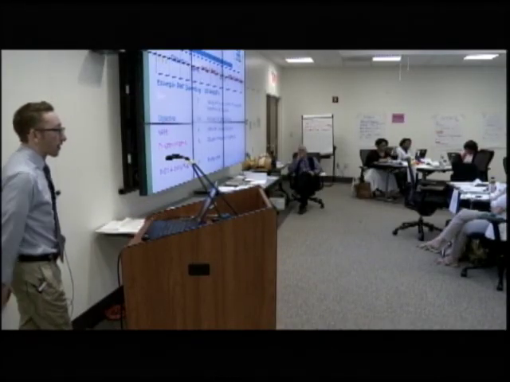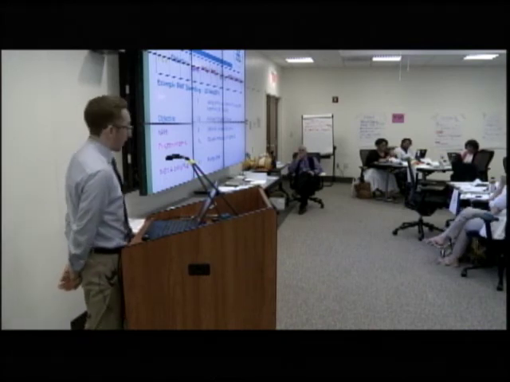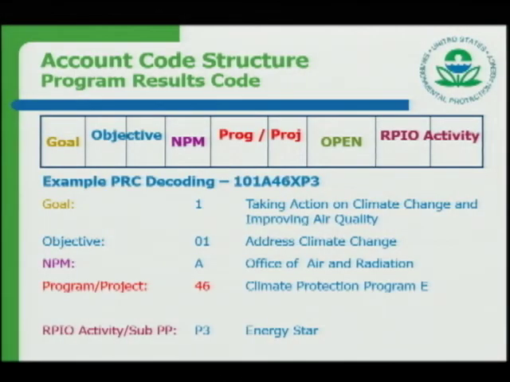So this slide right here is an example of what it looks like. We have our goal in the first digit, and that might be taking action on climate change and improving air quality. And then under it, the sub-objective, or the objective, is addressing climate change. That would make sense that it's in the Office of Air and Radiation, which is NPMA.